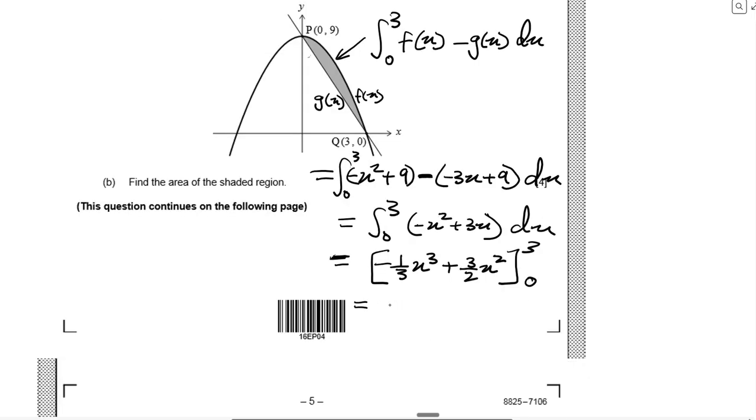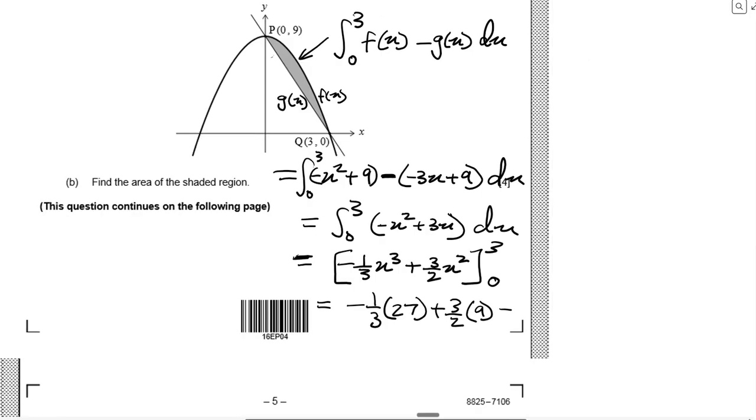So we have negative 1/3, x is 3, so let's say 27, plus 3 over 2, x squared is 9 now. And then we have minus whatever we get from 0, so that is 0 plus 0.